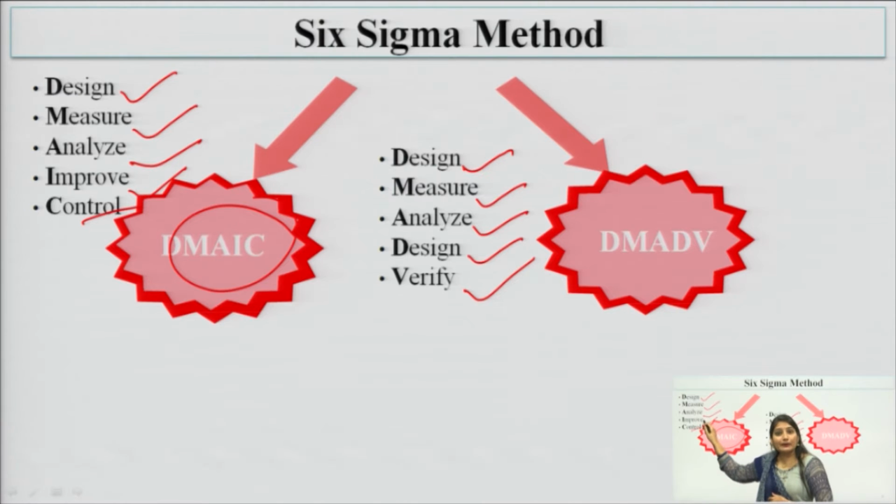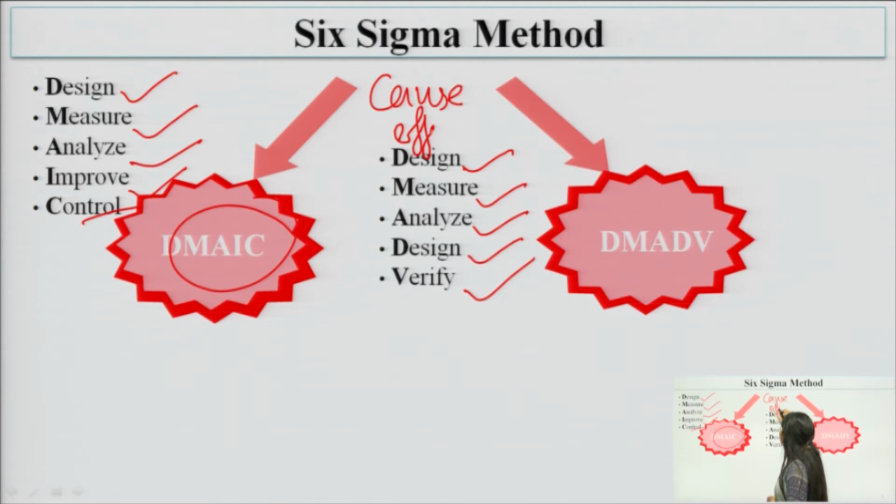In the third step, whatever data we have collected in the second step, we will perform the analysis on that data and perform a cause effect relationship, means what is the cause of the variation and what is the impact of this variation. Okay. We will perform the cause effect relationship based on the data collected from the second step.